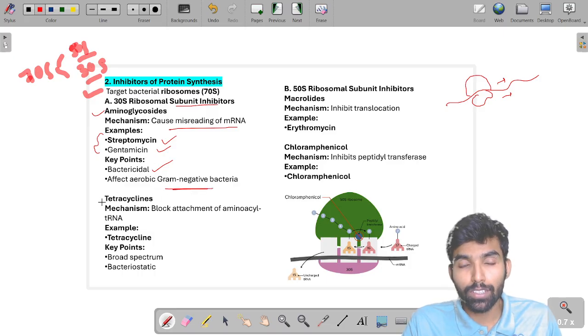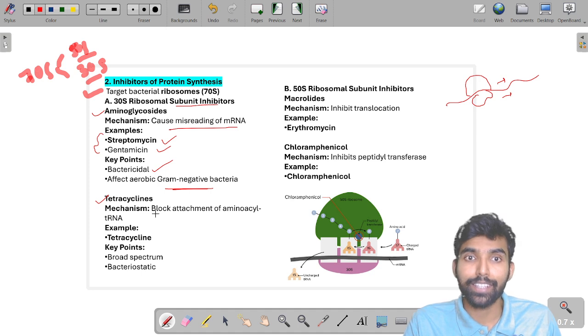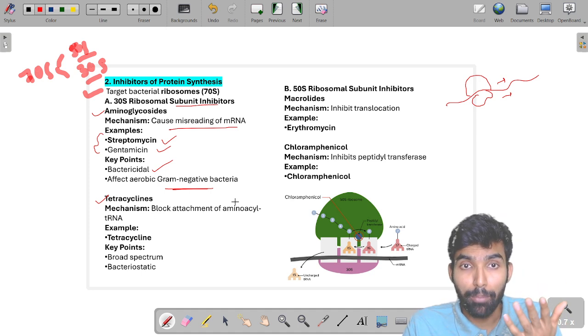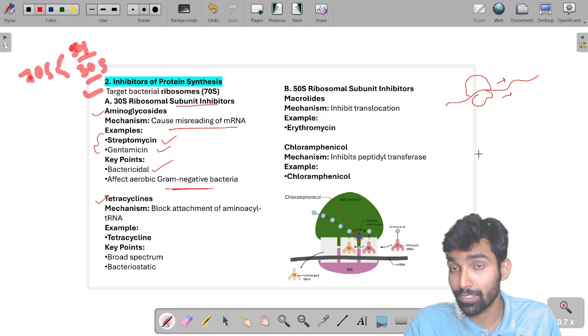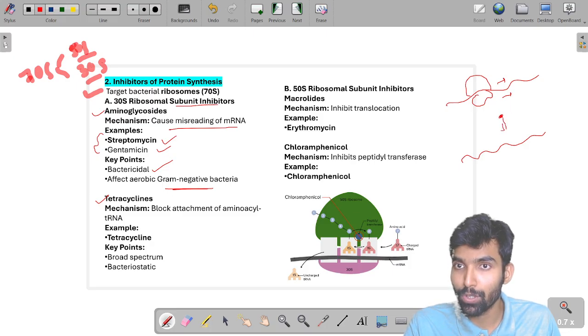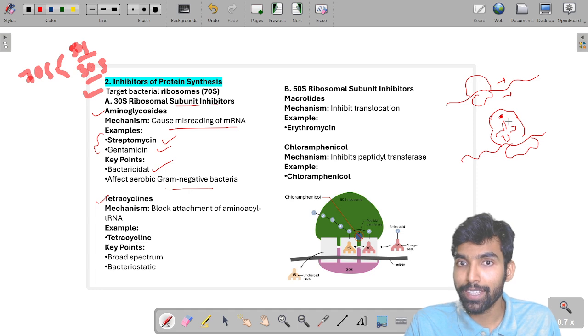Now, tetracycline blocks the attachment of amino acyl tRNA. If you remember how translation happens from mRNA to protein: this is the mRNA, here the codon is there, then tRNA carrying an amino acid comes with codon-anticodon pairing, and let's say this is 50S and 30S.